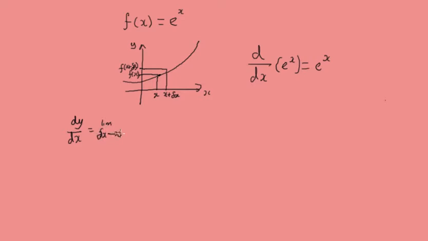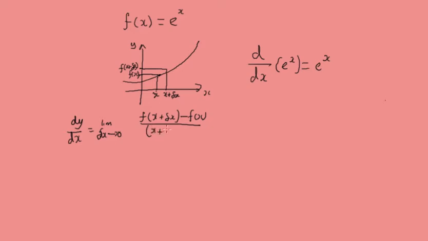as dx heads towards 0. So as we make this little dx part get closer and closer to 0, this gap gets narrower and narrower, it's going to be the function f of x plus dx minus f of x over dx.